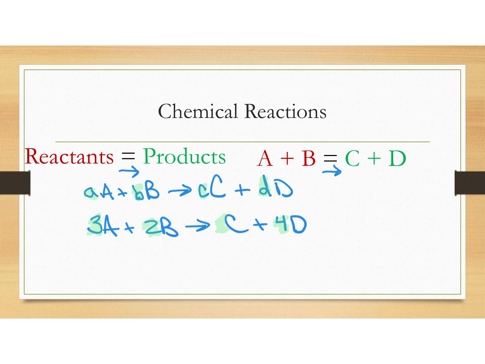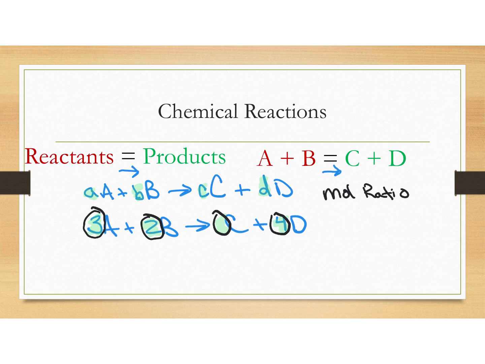Okay, so the concept of using stoichiometrics with chemical reactions is we are going to use these particular numbers and relate them to one another in what we call the mole ratio. The mole ratio is the ratio of moles between each of the products and or reactants.